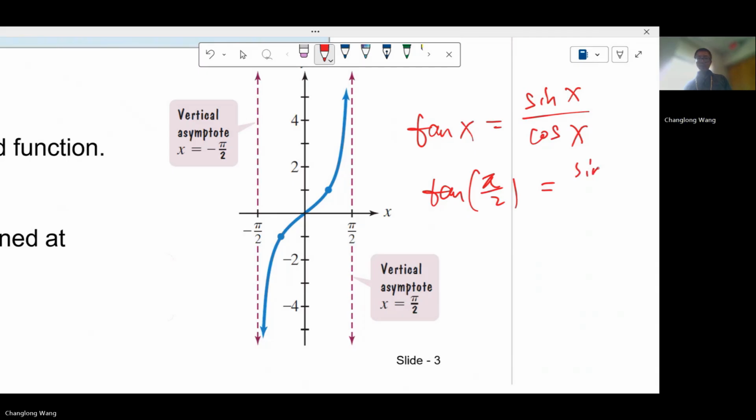It is sine of pi over 2 divided by cosine of pi over 2. If you have a scientific calculator in front of you, go ahead and evaluate sine of pi over 2 radians and cosine of pi over 2 radians. If you don't like radians, do degrees: sine of 90 and cosine of 90.